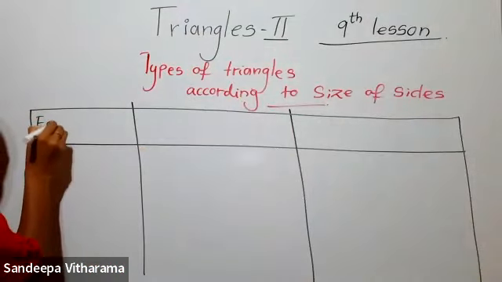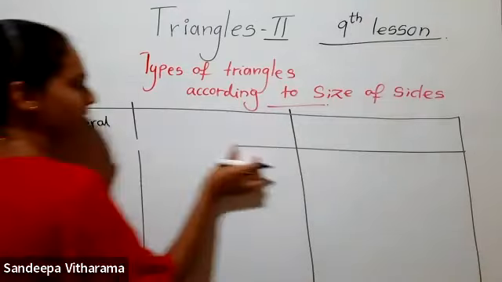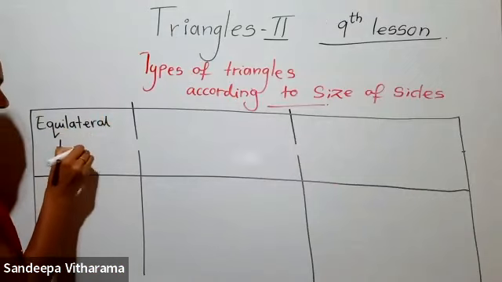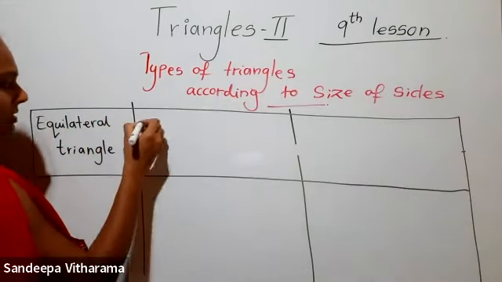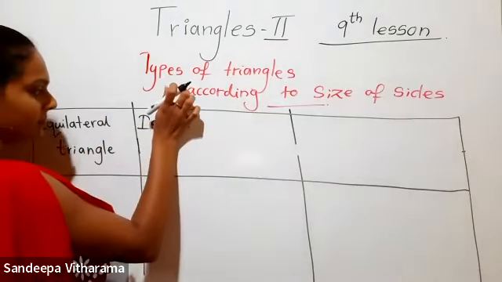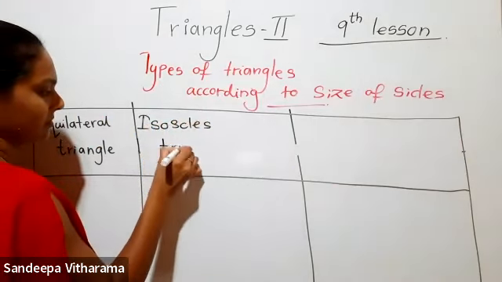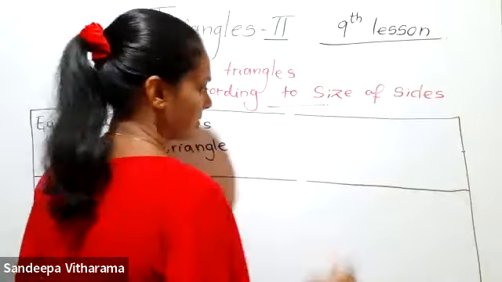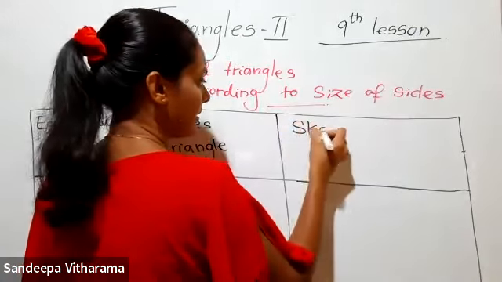First one is equilateral triangle. Second one is isosceles triangle. Third one is scalene triangle.